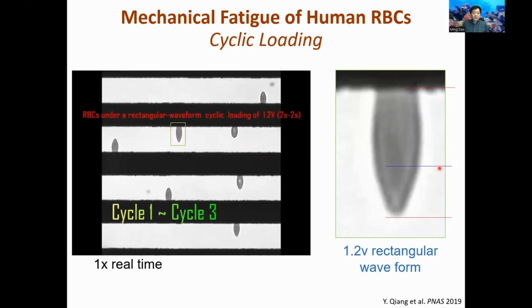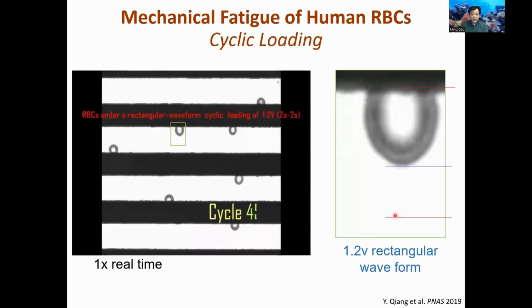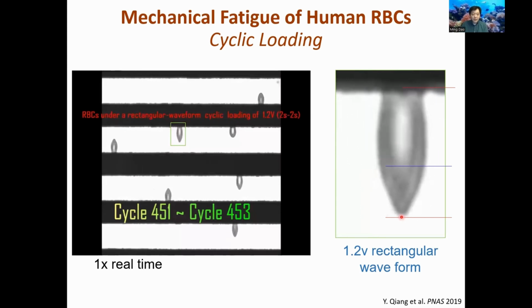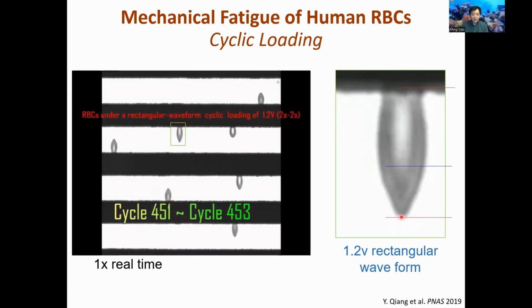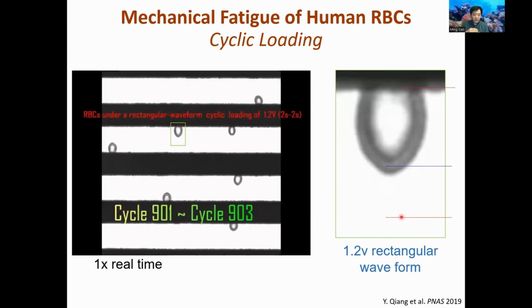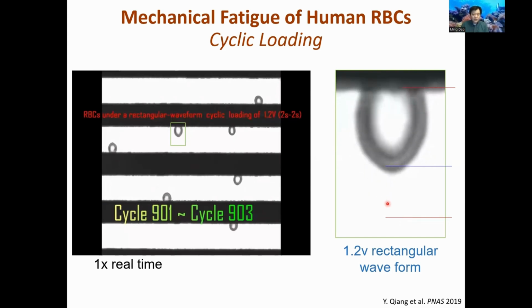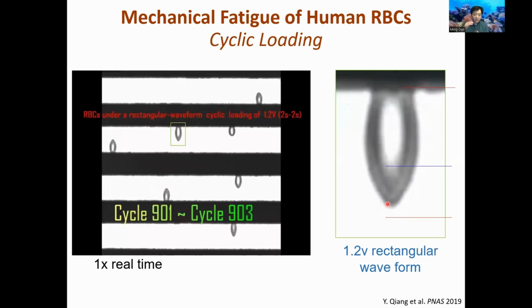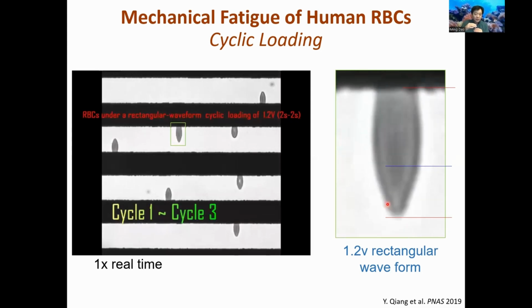Okay, so this is a slide showing some results about mechanical fatigue. Under the same loading, you can see this cell initially stretched to this much. But when you go through about 900 cycles, under the same electric field, which is the same stretching force, it actually stretched to a shorter length, which means under the same force, it can only stretch to a shorter length.